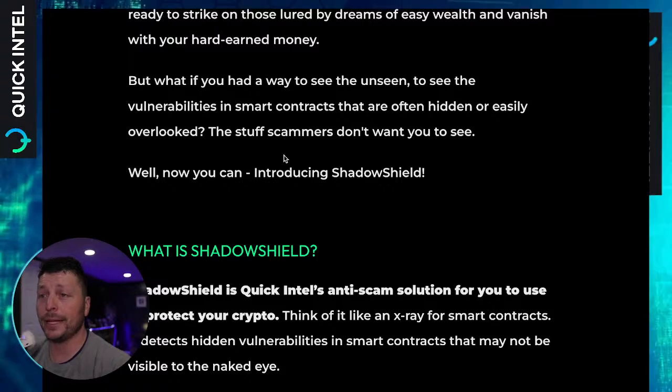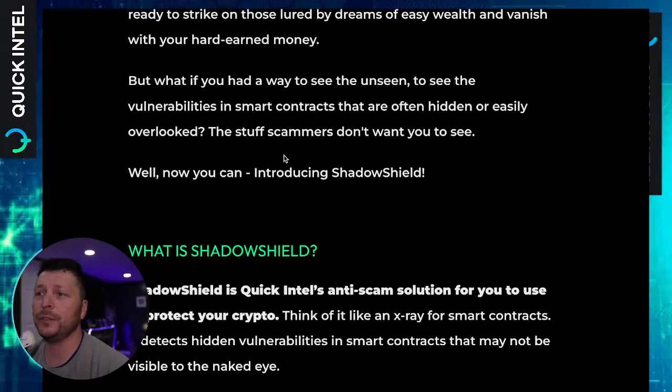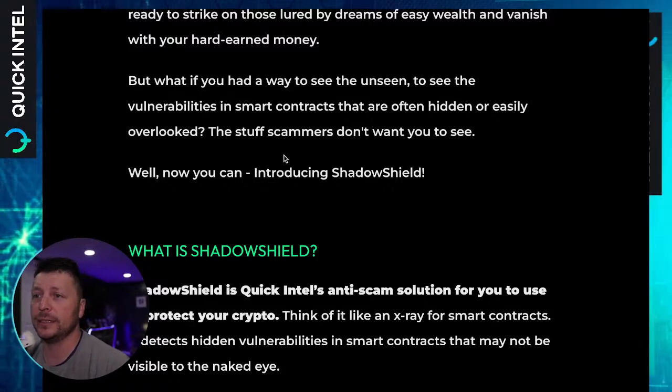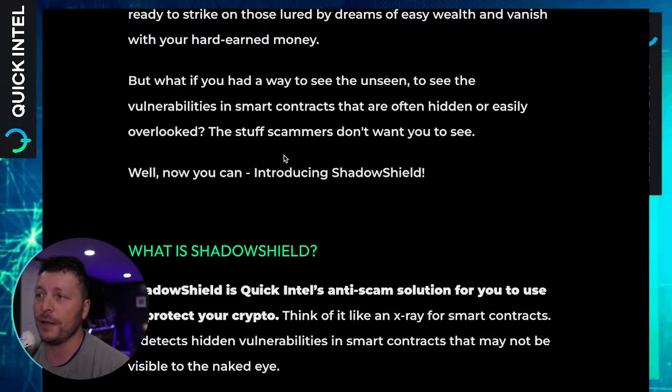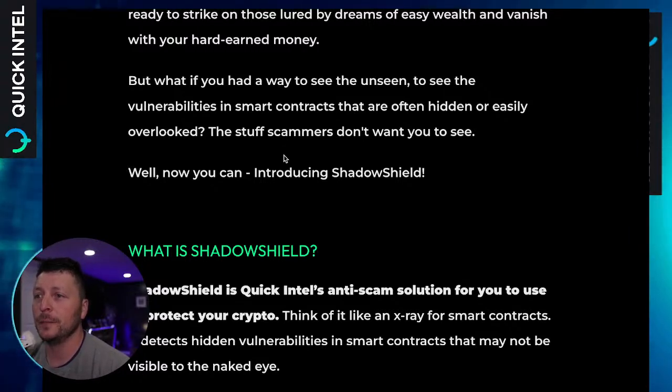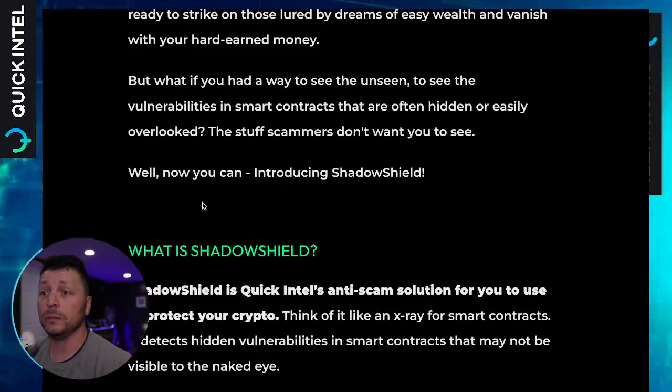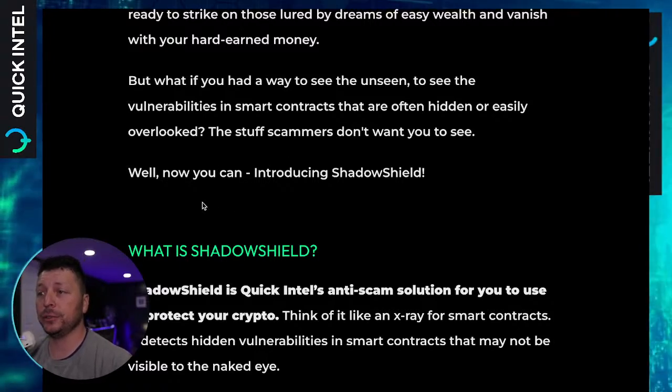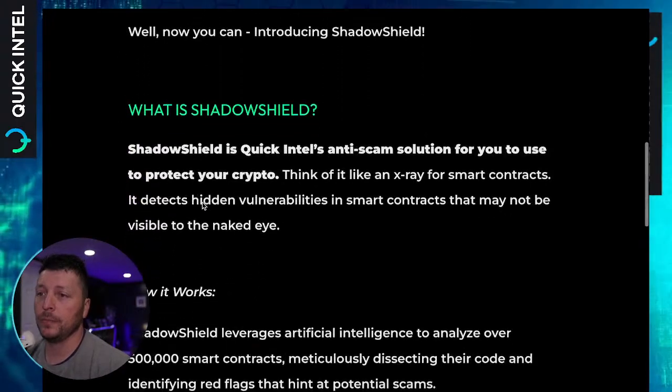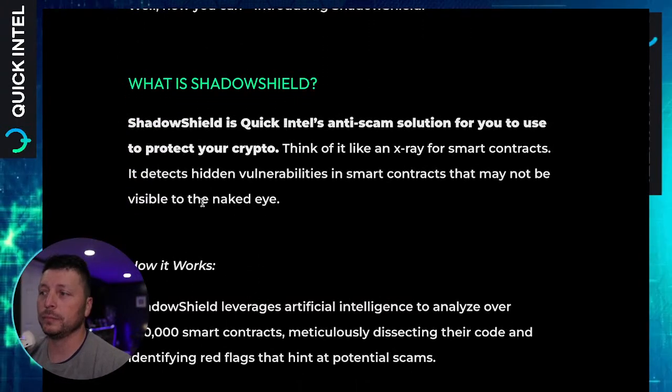So, back to Shadow Shield. But what if you had a way to see the unseen and to see the vulnerabilities in the smart contract that are often hidden and easily overlooked? The stuff scammers don't want you to see. Well, now you can. Introducing Shadow Shield. What is Shadow Shield?